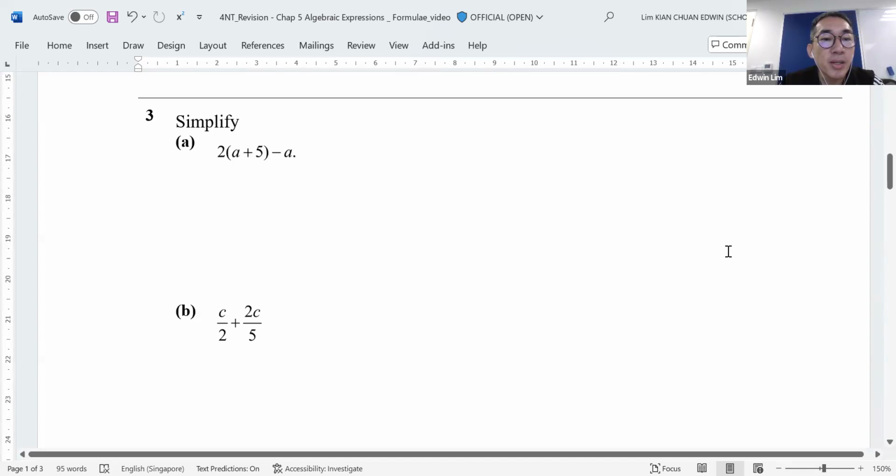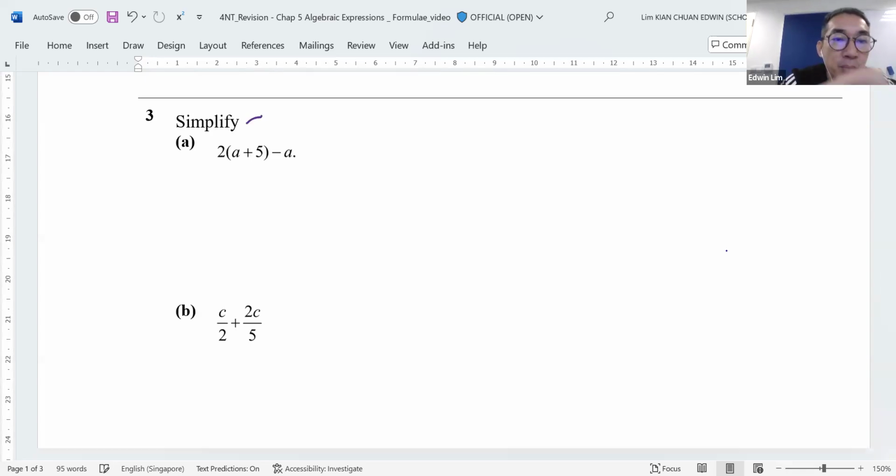Question number 3, simplify. Simplify, so you can remember, make it simple, same family. So what's the first thing I have to do? 2 bracket a plus 5 minus a. The first thing I have to do, I need to remove the bracket first. All right, I will be able to get 2a plus 10.